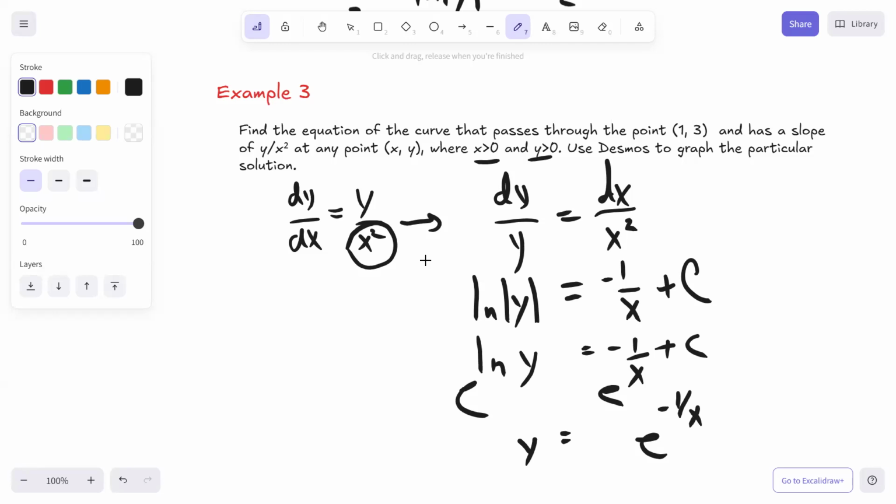And remember, when you're adding in exponents, you can rewrite it as multiplying times e to the c, which just represents a whole other constant right there. So because y equals 3 when x equals 1, we can substitute those in. So 3 equals c e to the negative 1 over 1.